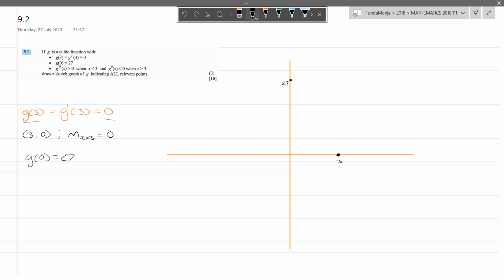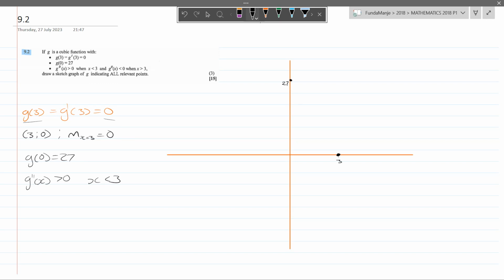Then the third piece of information says that the second derivative is greater than 0 when x is smaller than 3.